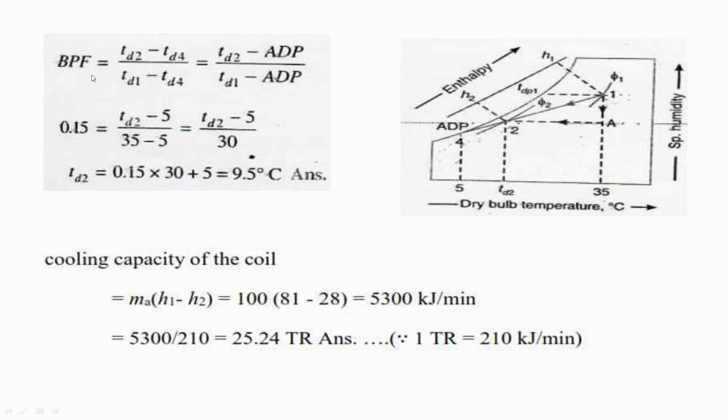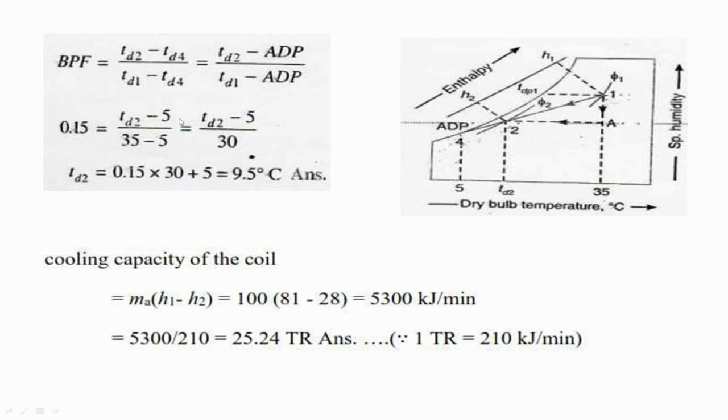Putting the values in, the bypass factor is TD2 minus TD4 upon TD1 minus TD4. In the numerical we have taken TD4 as the ADP, or surface temperature of the coil. TD2 we don't have, and TD1 is 35 degrees Celsius.